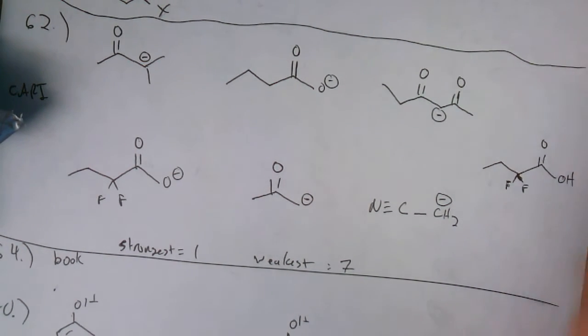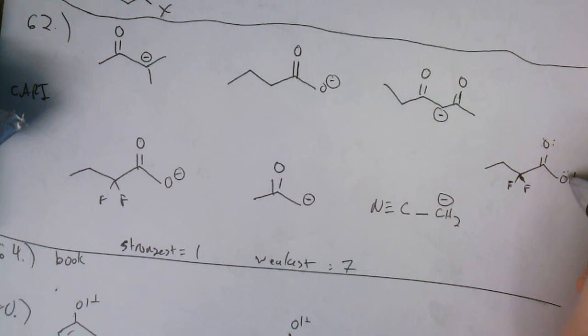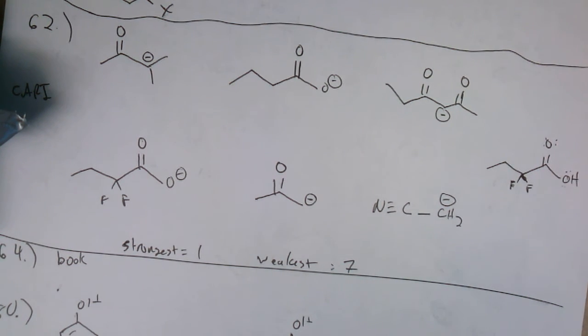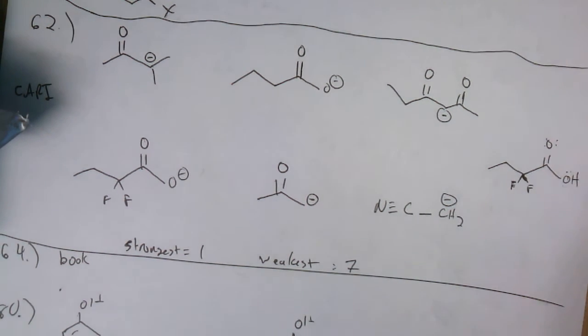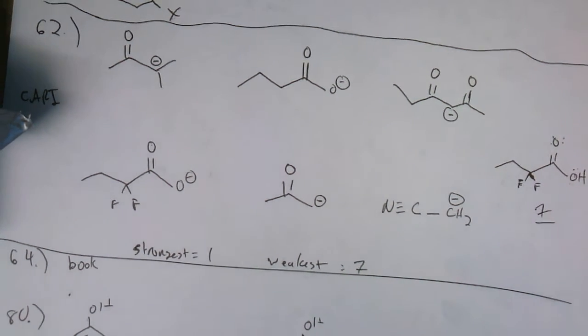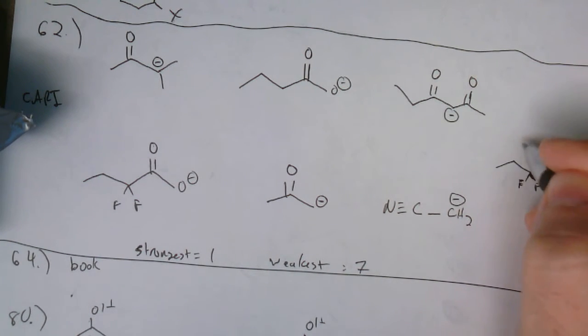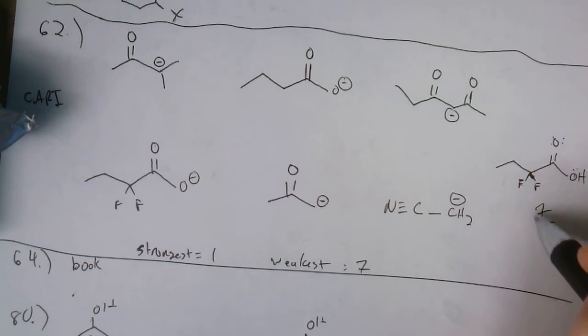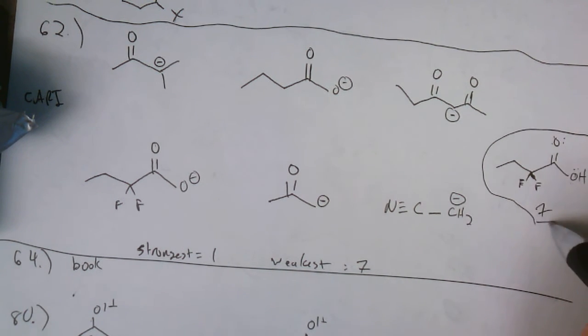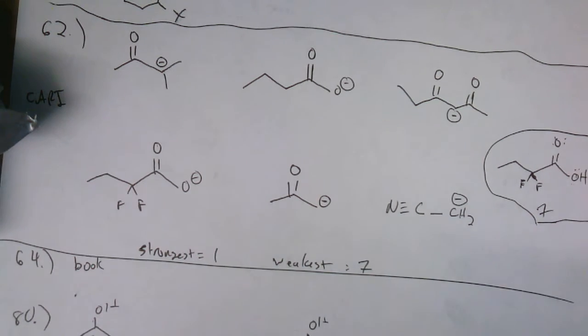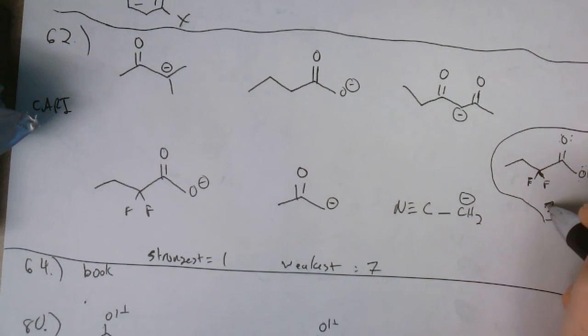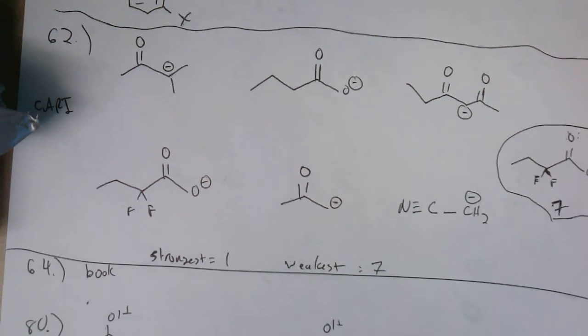I guess you could put it on one of these lone pairs on either of these oxygens, but good luck doing that. It's going to be extremely weak. So this is going to be my weakest, number 7. I'll circle each one when I'm done so I know not to revisit them.